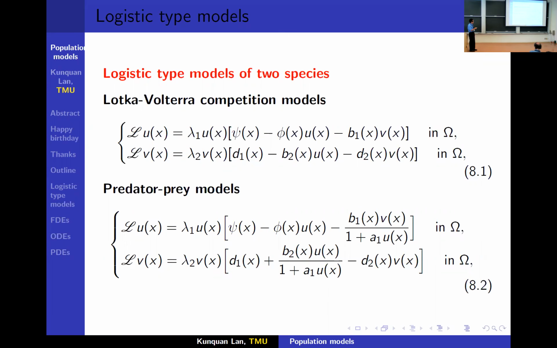That means u is always non-negative, but not equal to 0 at some point, and or everywhere positive in omega. Omega is an open set.